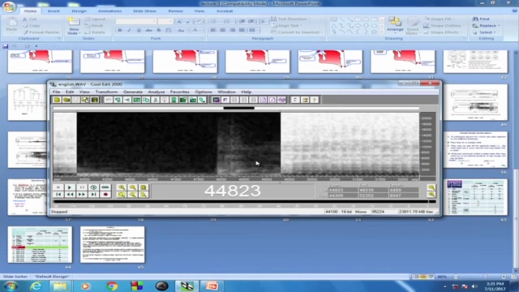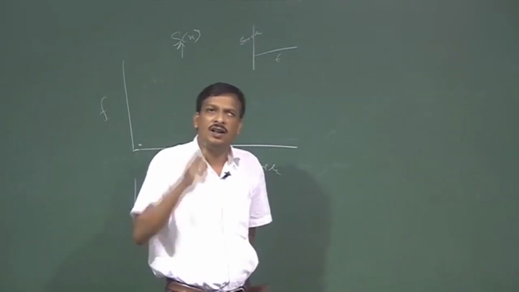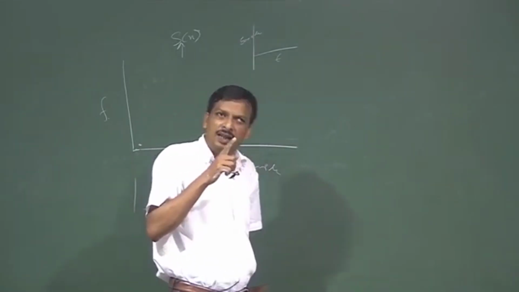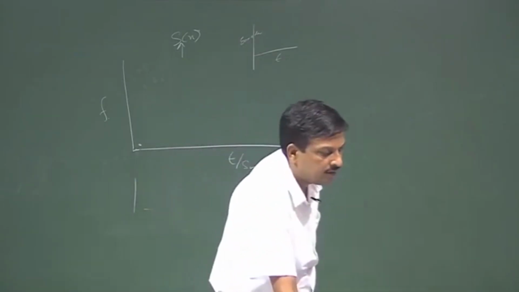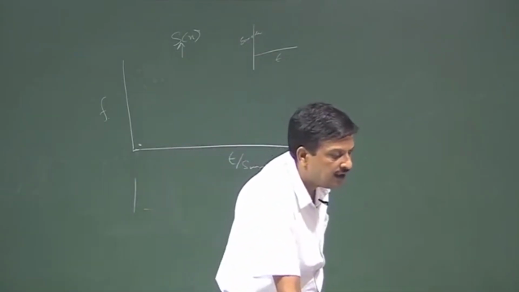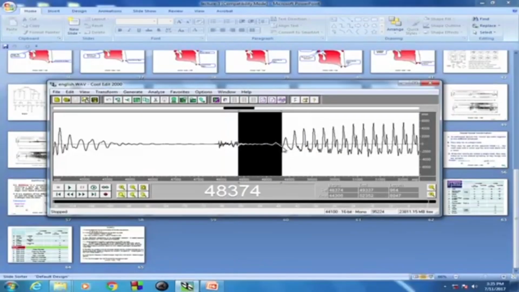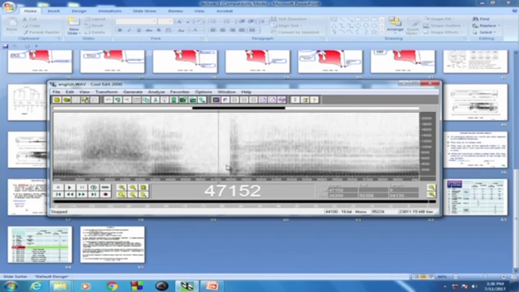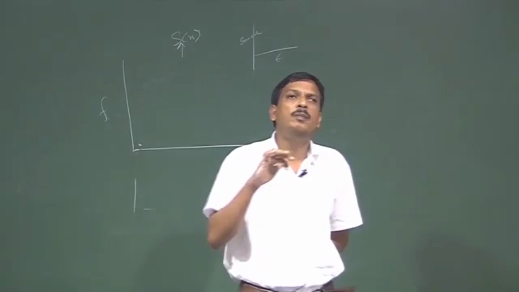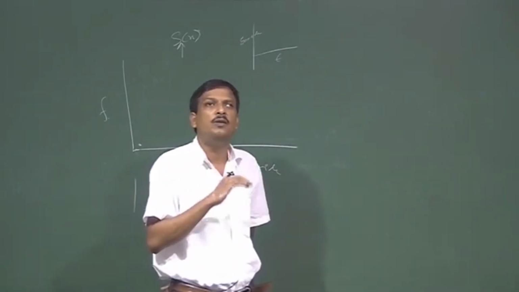I do not know which plosive it is, but it is a consonant of plosive nature, because there is a burst. This is non-aspirated because there is no aspiration here, so it is an unaspirated plosive. So, by seeing the spectrogram and the time domain waveform of the signal, I can find out the manner of articulation of the phoneme.